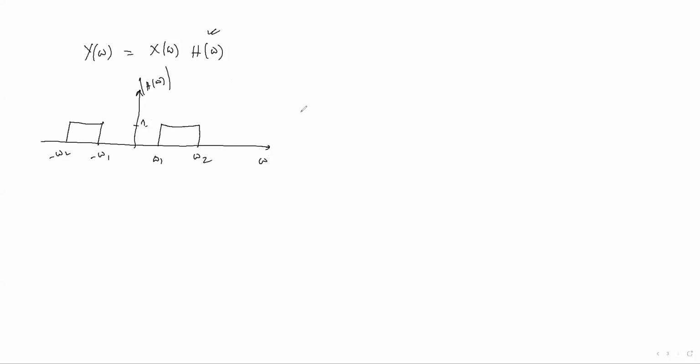If you want to write the mathematical equation of the band pass filter, we can write it like this: H of omega is 1 for omega greater than minus omega 2 and less than minus omega 1, and you can write omega greater than omega 1 and less than omega 2.